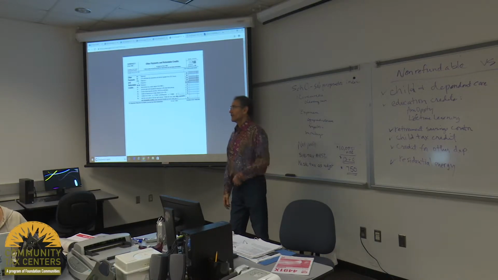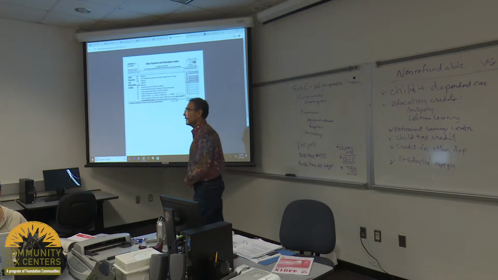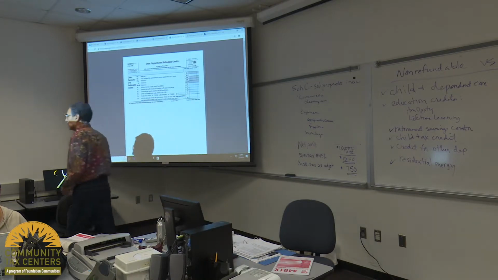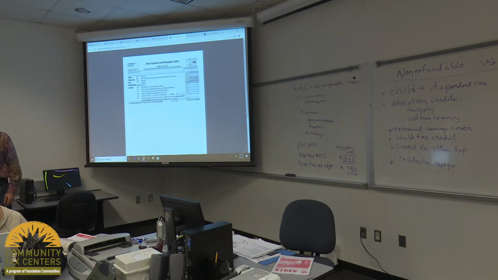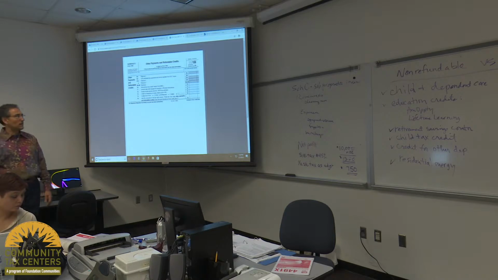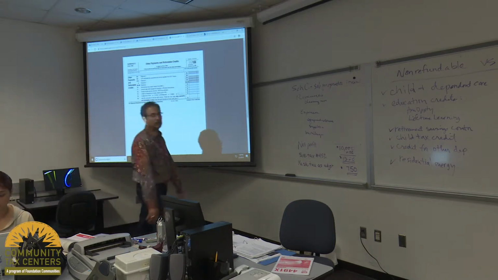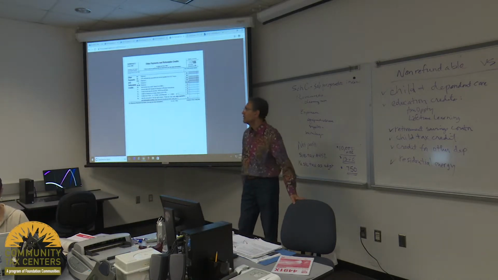What happens if you don't go through Obamacare health insurance? You don't get that subsidy. That's right. The marketplace would be the only place you would get the kind of subsidy we're talking about. If you don't, then none of this applies to you.